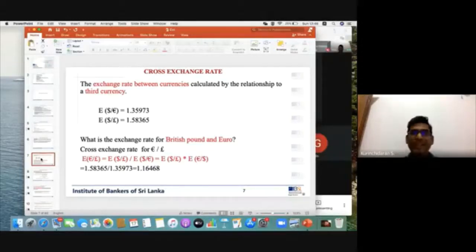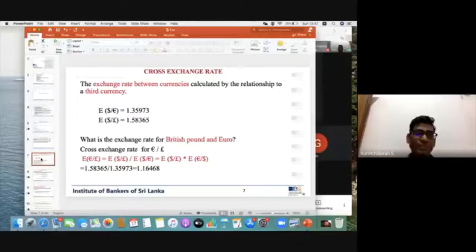In the example, I have given the euro dollar exchange rate and the sterling pound dollar exchange rate. Now we have to calculate the sterling pound euro exchange rate. What is the exchange rate for British pound and euro? That means how many euros for one British pound.